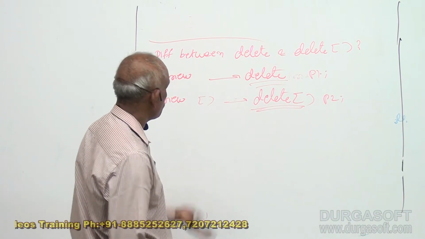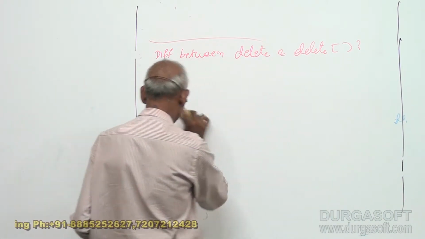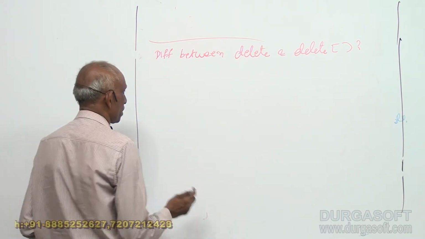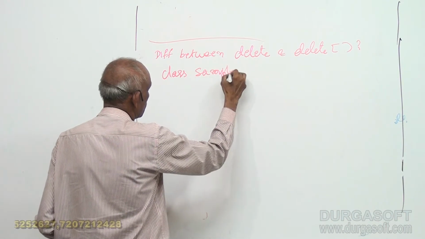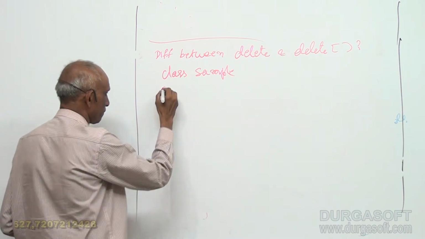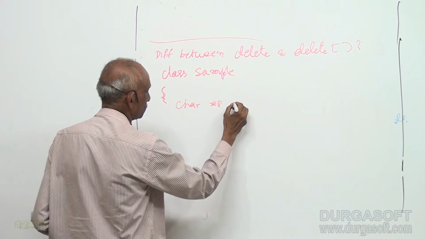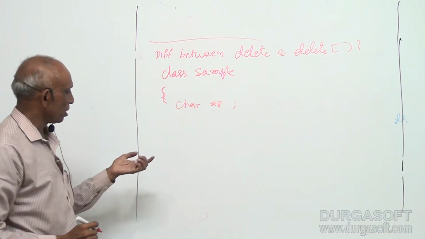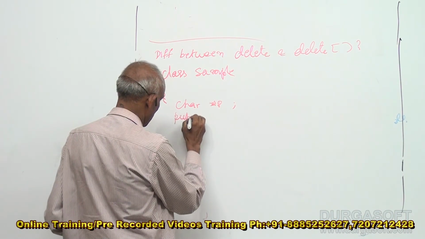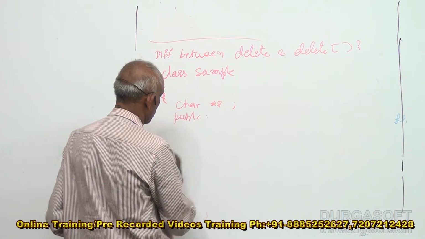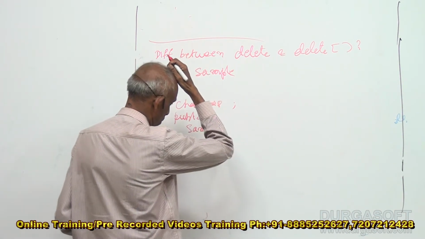Now this holds good even for objects also. So let us see one interesting example for this. Suppose we have a class sample that has a character pointer P. We have a sample class that has a character pointer as a member. Now the constructor allocates something. So sample, what will the constructor do?